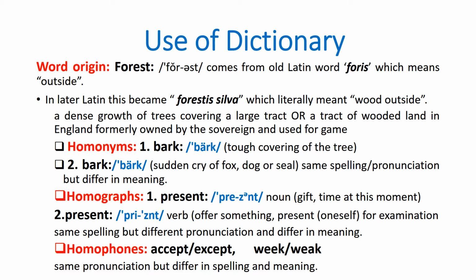And we also have the word week with double E and weak with single E. And you know what is week with double E and what is weak with single E. So they are called the homophones. They have the same kind of sounds when we listen to them, the same pronunciation, but they have different meanings and different spellings.